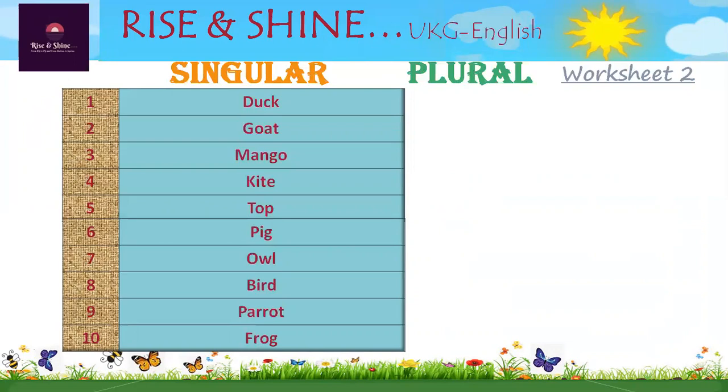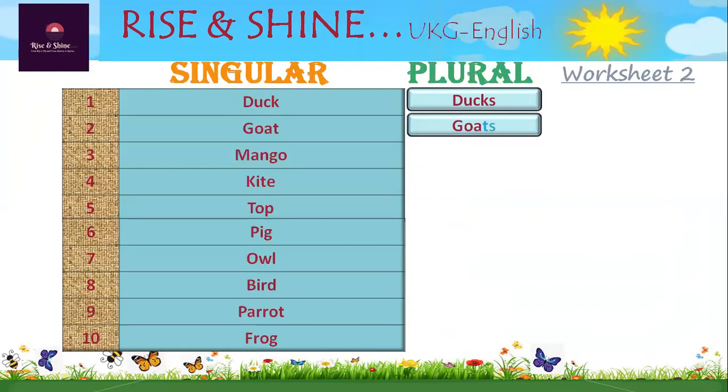We apply s after this word, duck, and it is ducks. The plural of duck is ducks. Next, goat. Tell me, we have to apply s. So it must be G-O-A-T-S, goats.